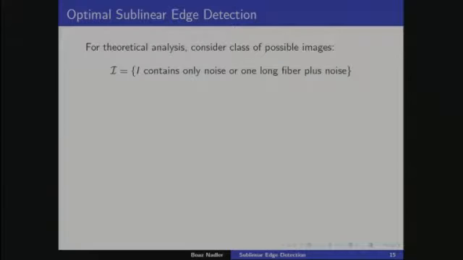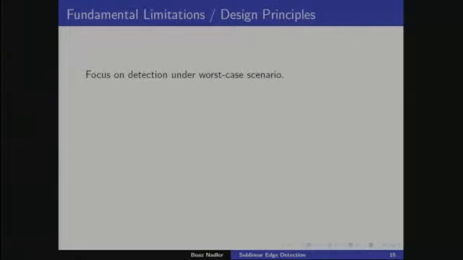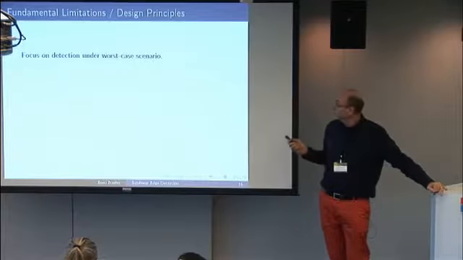So the class of images I'm going to analyze is the following. I'm going to assume that my observed image I either contains only noise, or it may contain a single long fiber that goes from one side to the other plus noise. I know neither its orientation nor its location. And I'll focus on a worst case scenario.